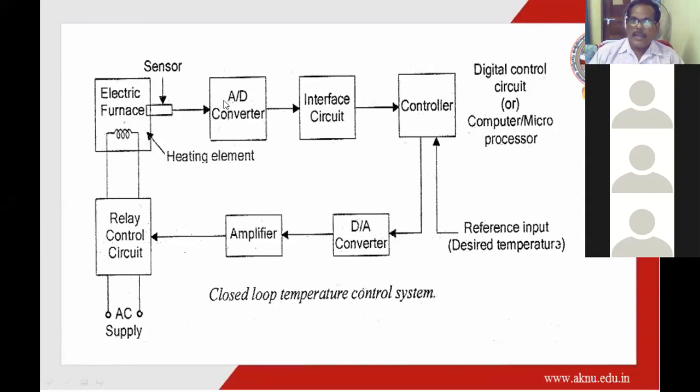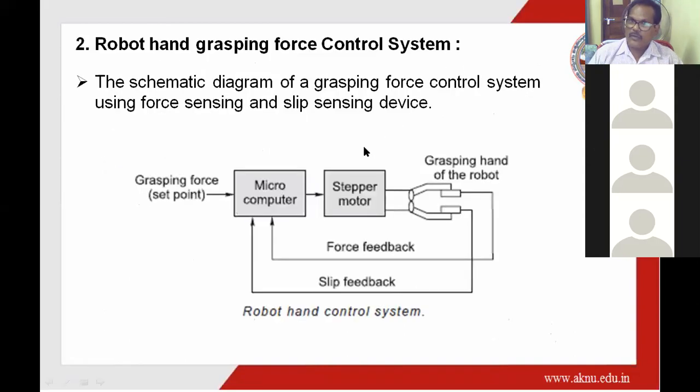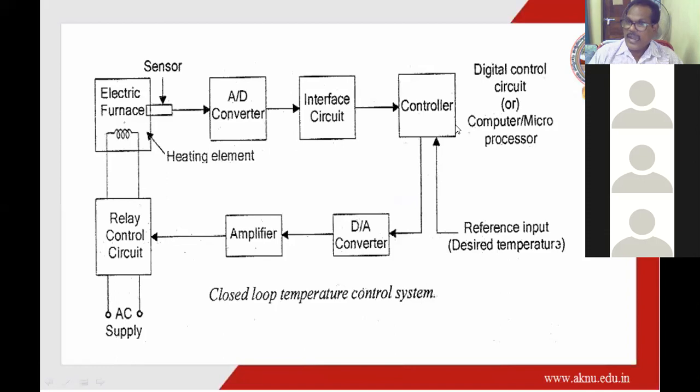Here we have an A by D converter, interfacing and controller. The controller generates the excitation signal, which is in analog format. Therefore we convert the digital signal into an analog signal. This is a D by A converter. In the previous one we converted A by D, so this is the reverse process, D by A conversion, and then it is amplified.